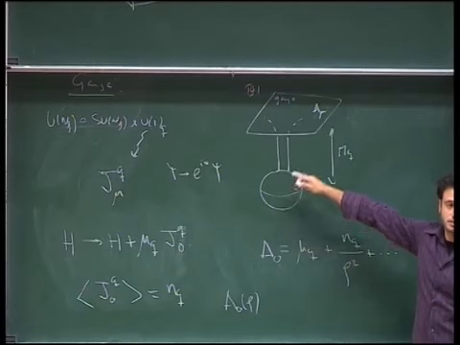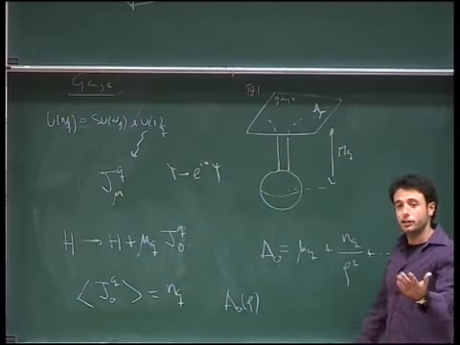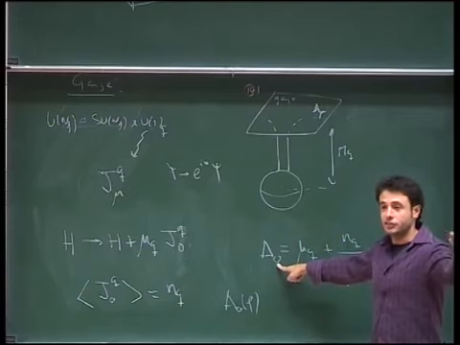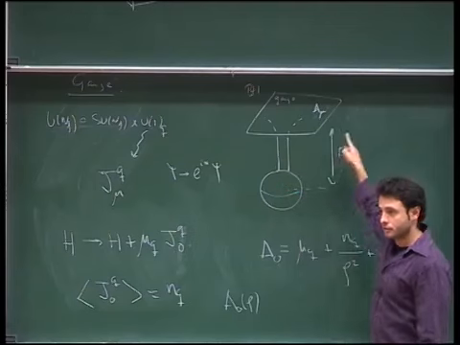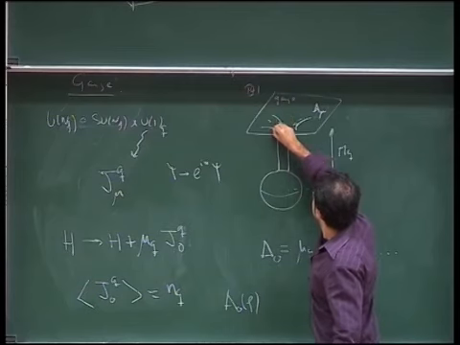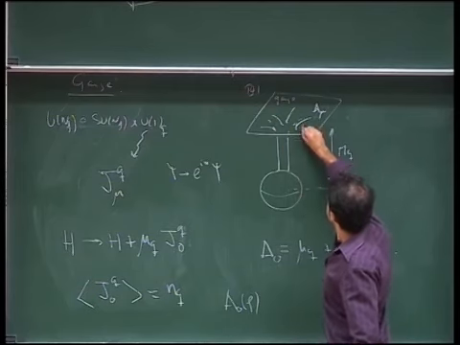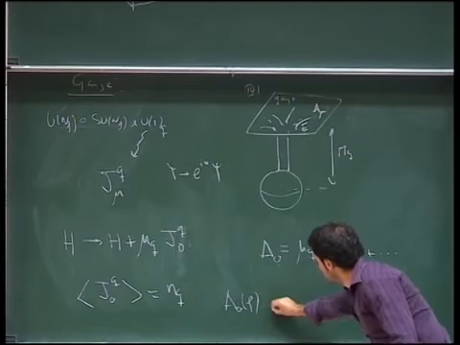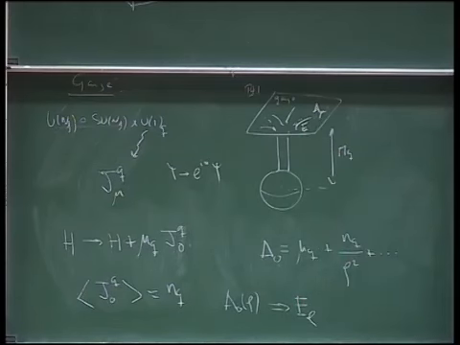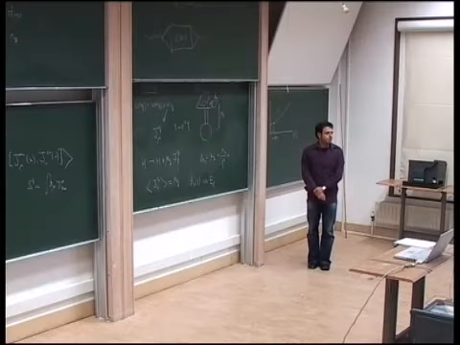Or in other words, turning on A_0 means you turn on an electric field on the 7 branes, and this electric field has to be radial. So this leads to E_rho. Is that clear?